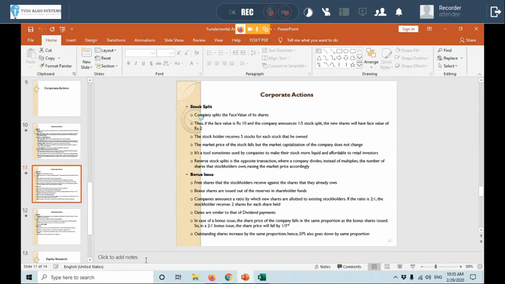Hence, I will get 5 shares, 5 into 2 is 10. Whatever the original face value was, I will get the same amount, but an additional number of shares. Some companies do this stock split so that there is enough liquidity in their stock.